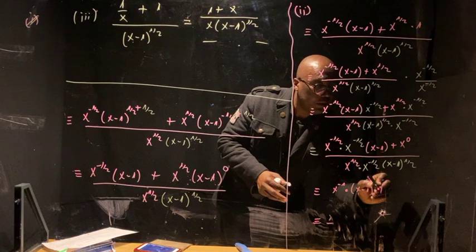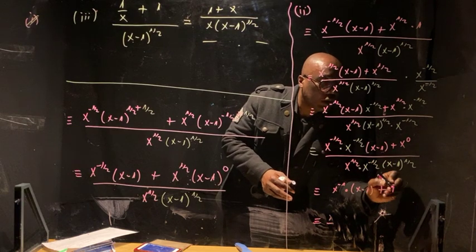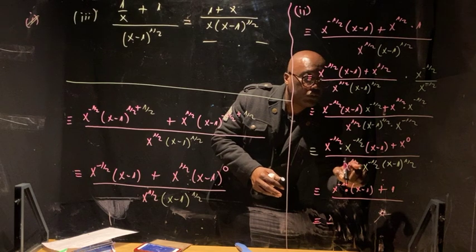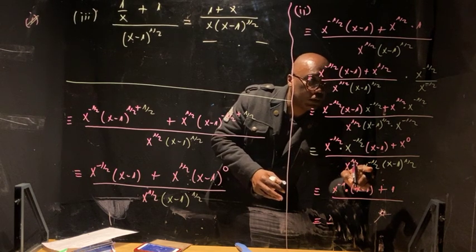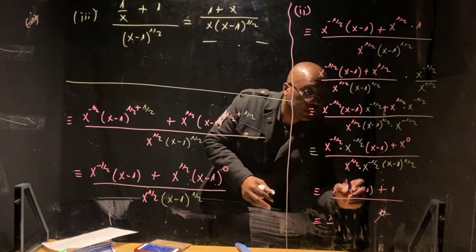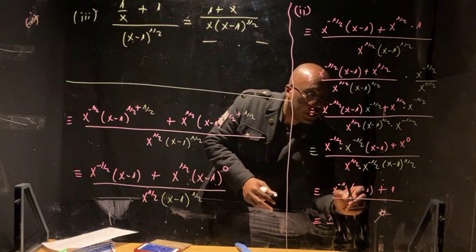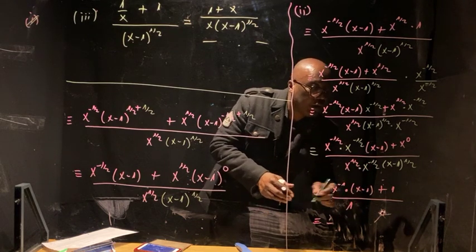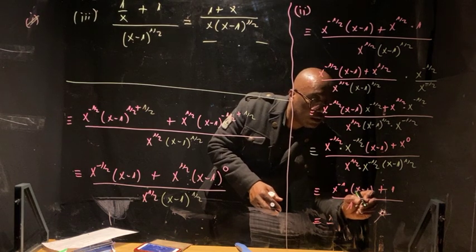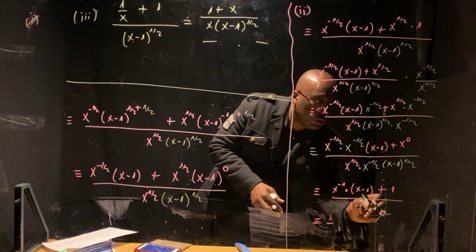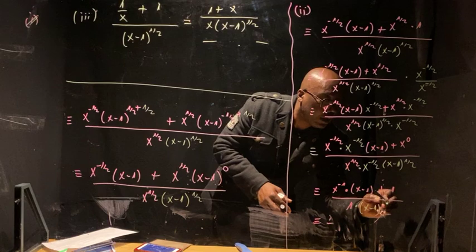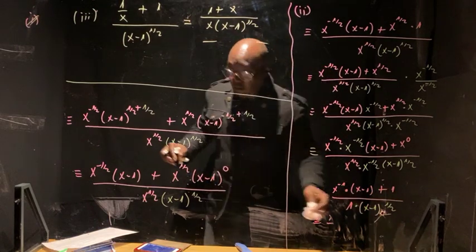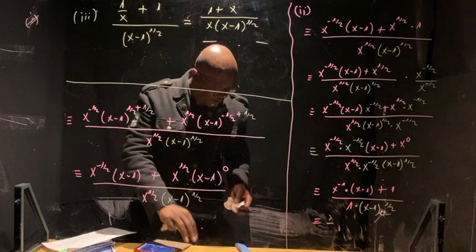Plus any number raised to the power 0 is equals to 1 over x raised to the power half multiplies to x raised to the power negative half is equals to 0, is equals to x raised to the power 0. X raised to the power 0 is equals to 1. Then times x minus 1 to the half. Good. Then we borrow a space here.